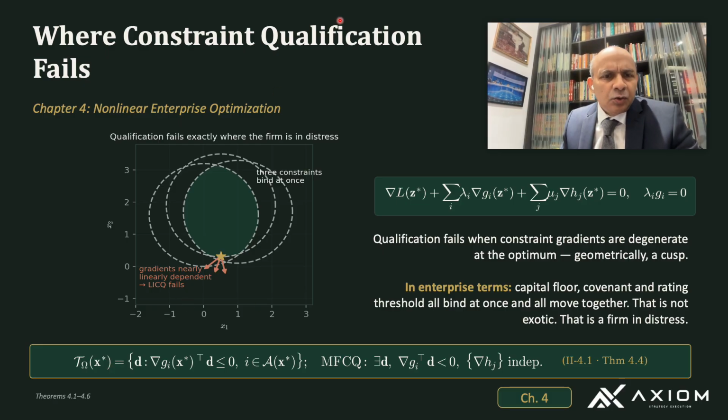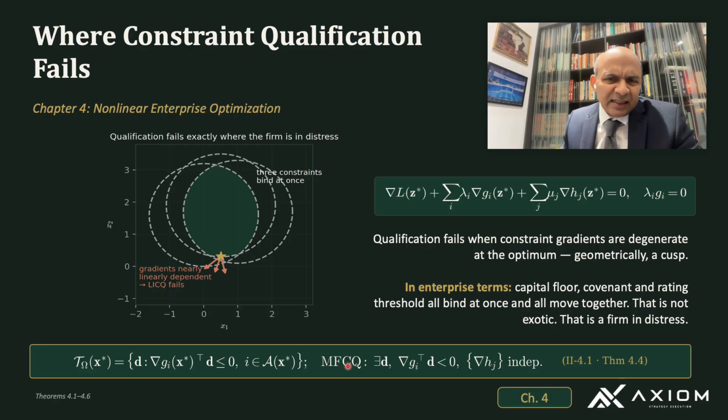The MFCQ, the Mangasarian-Fromovitz constraint qualification over here: there exists d such that the gradients g i transposed d are negative for all active inequality constraints, while the equality constraint gradients are linearly independent.